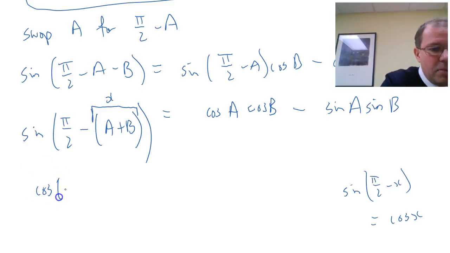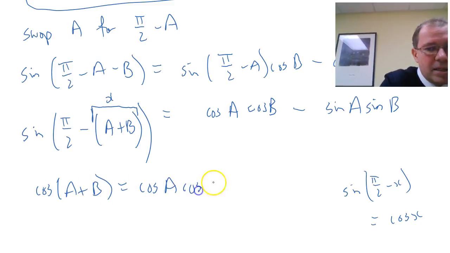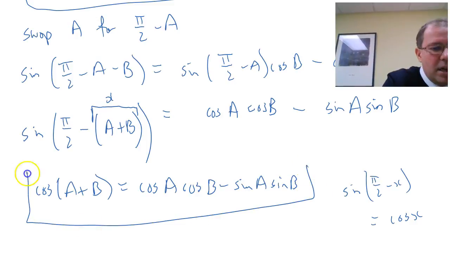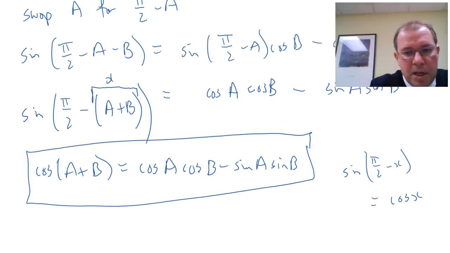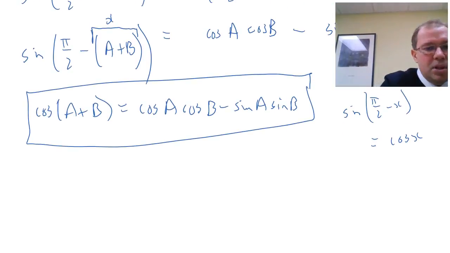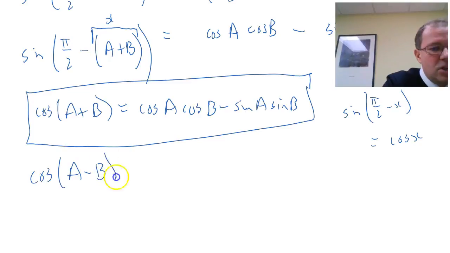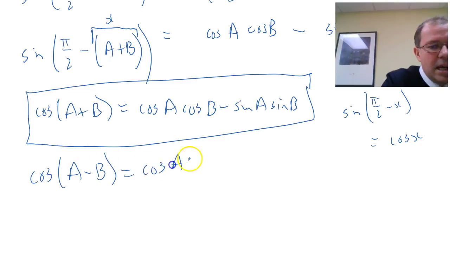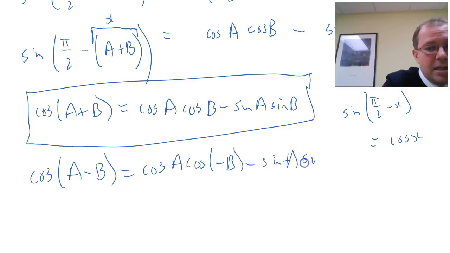So I've actually generated a formula for cos(a + b). And then I've got my new formula: cos(a + b) is cos a cos b minus sin a sin b, again writing a and b in order. And I've generated my third formula. To get a formula for cos(a − b), it's as simple as swapping again the b for a minus b. So I'm just going to go straight ahead and do that. So we've got cos a cos(−b) minus sin a sin(−b).